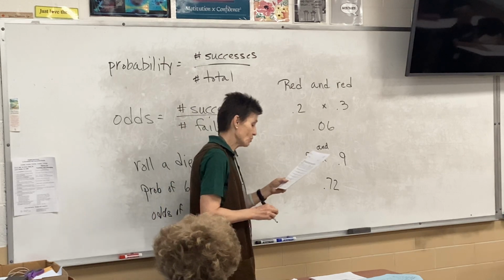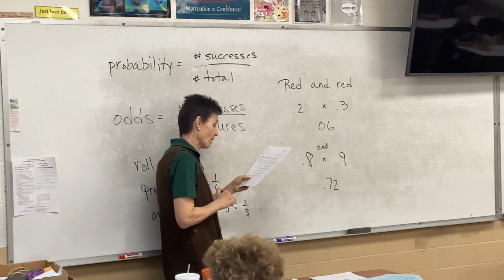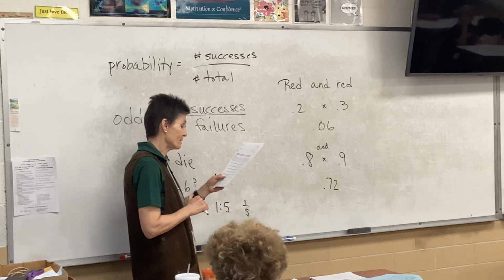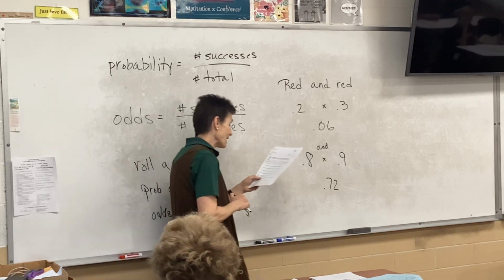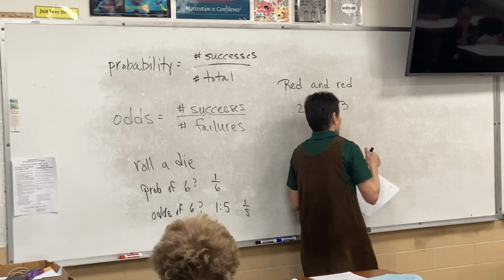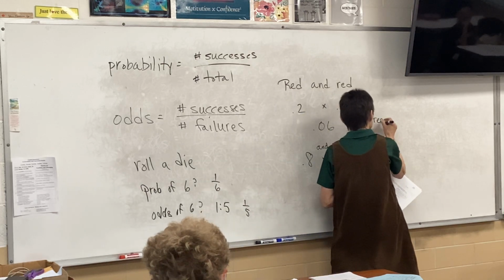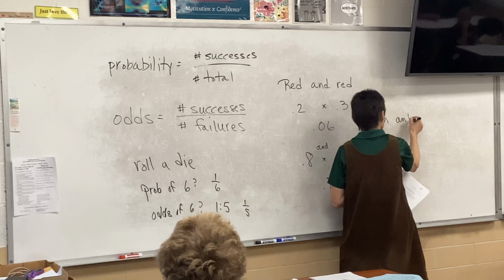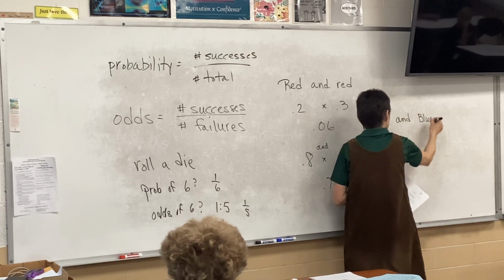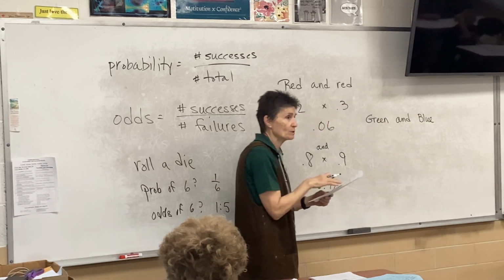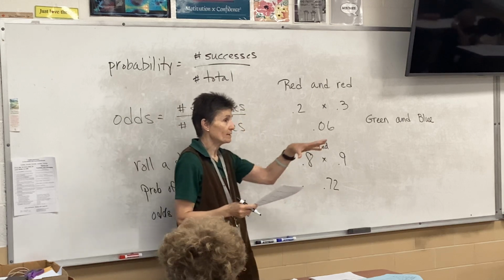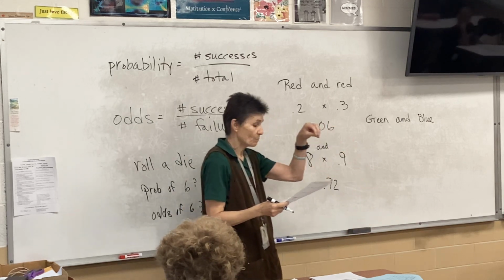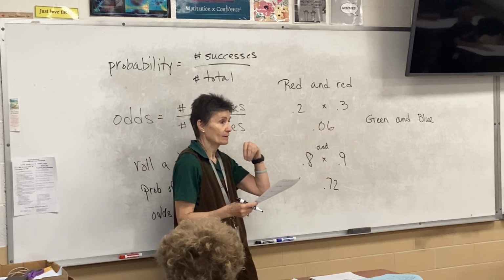If a candy is chosen from each bag, what is the probability that the first one will be green and the second one will be blue? So green and blue. So we're gonna reach into the first bag, which is Maggie. We reach in there. What's the probability we get a green one? 0.3.